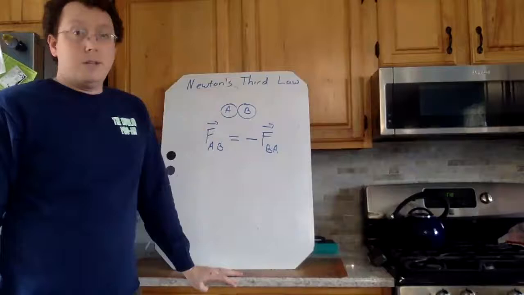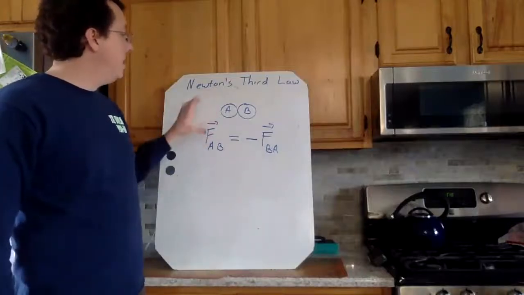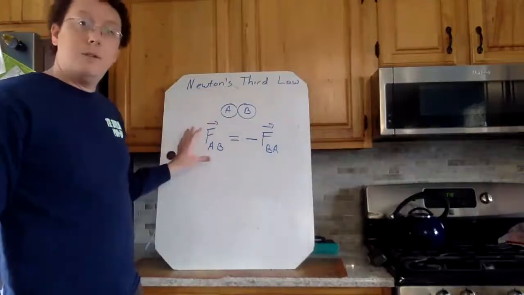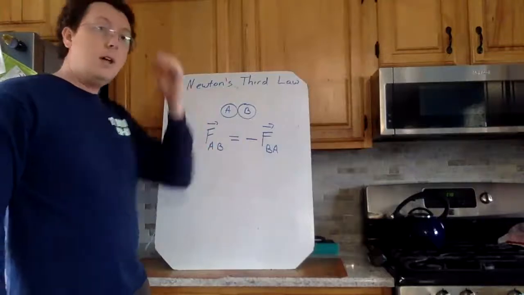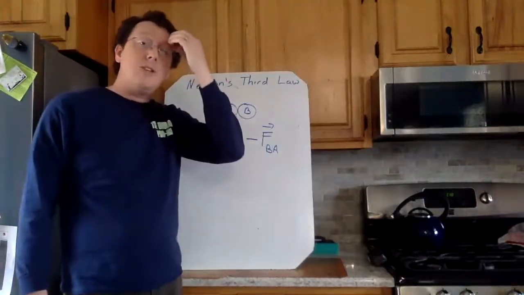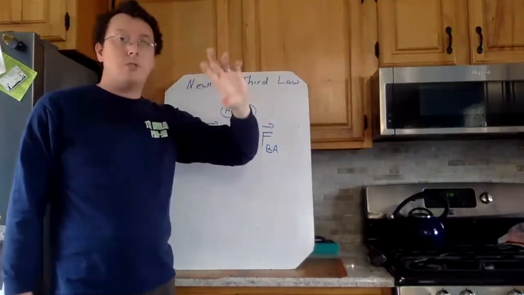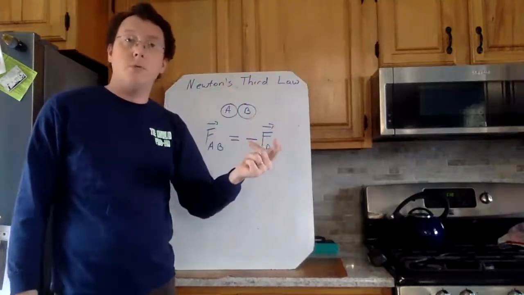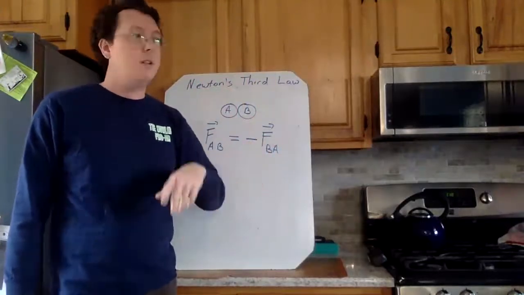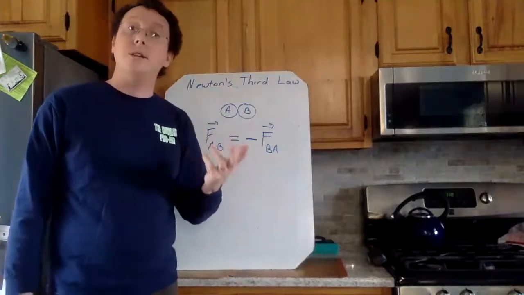So, comments. Remember I said it's exactly the same. The only thing that's different between these two conjugate forces is the label. That means they can't change flavor. So the conjugate force to a normal force is another normal force. The conjugate to a weight is another weight.